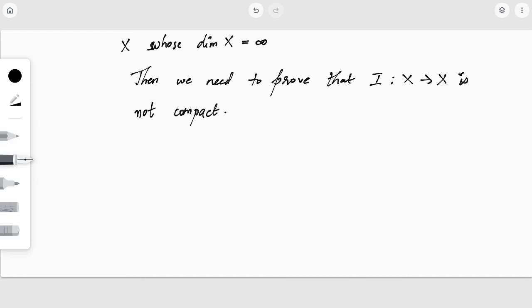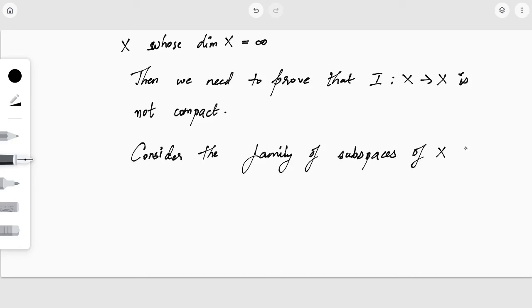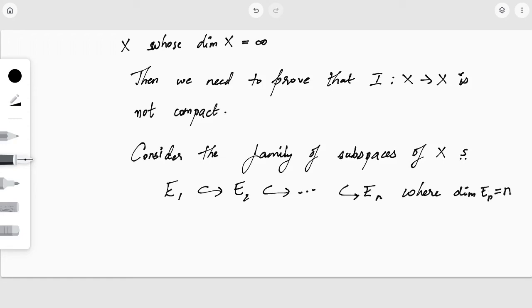So what I'm going to do is consider the family of subspaces of X such that E1 is a subspace of E2, and so on, a subspace of En, where I'm choosing subspaces whose dimension is finite.